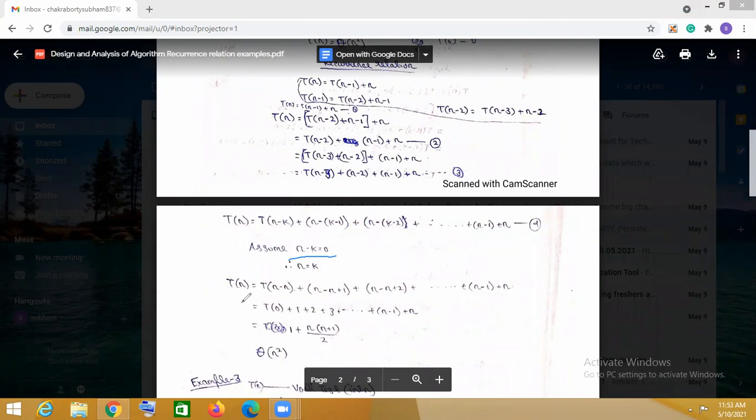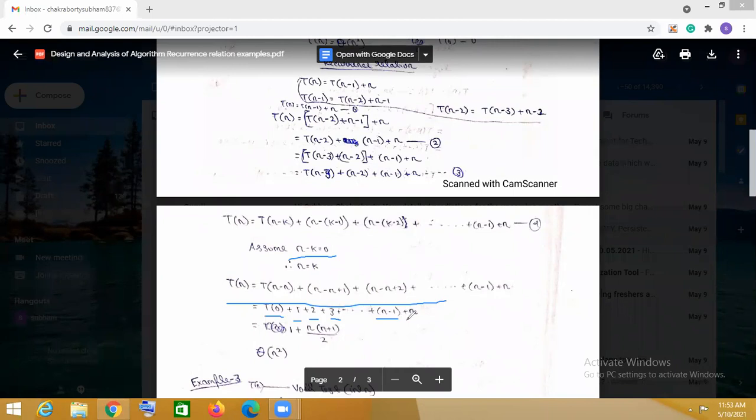Now if we put this value in our function, T(n) equals T(n-k), and because we found that k equals n, we put the value of n in place of k. Then it becomes T0 plus 1 plus 2 plus 3 up to (n-1) plus n.